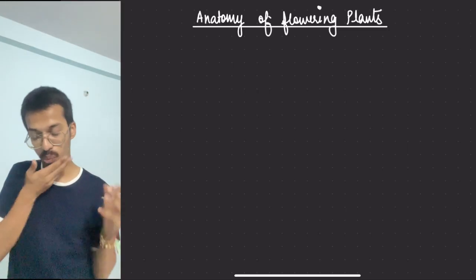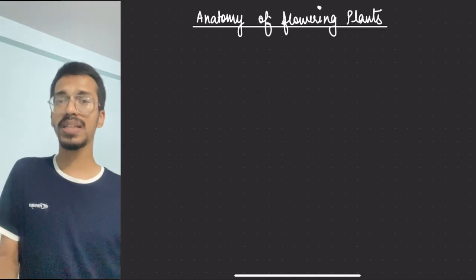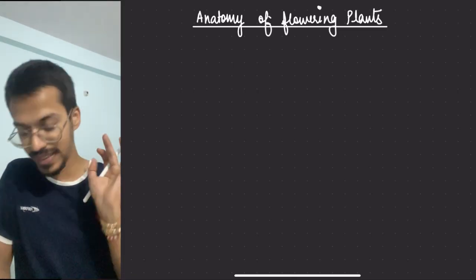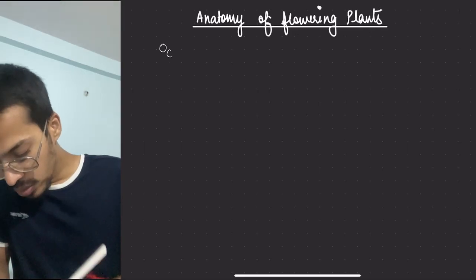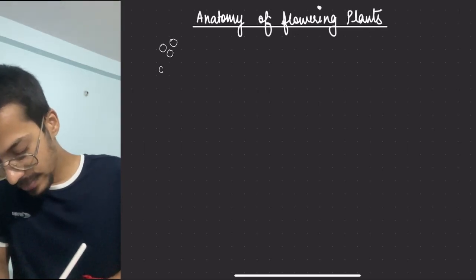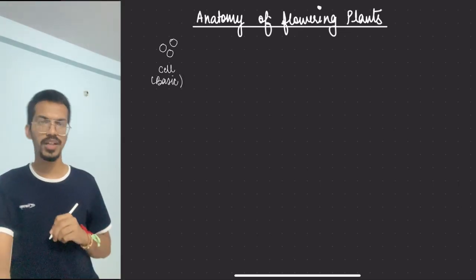We know that the basic unit of all living organisms is the cell. So all are made up of cells, the basic unit, which we will soon study in the next botany topic.